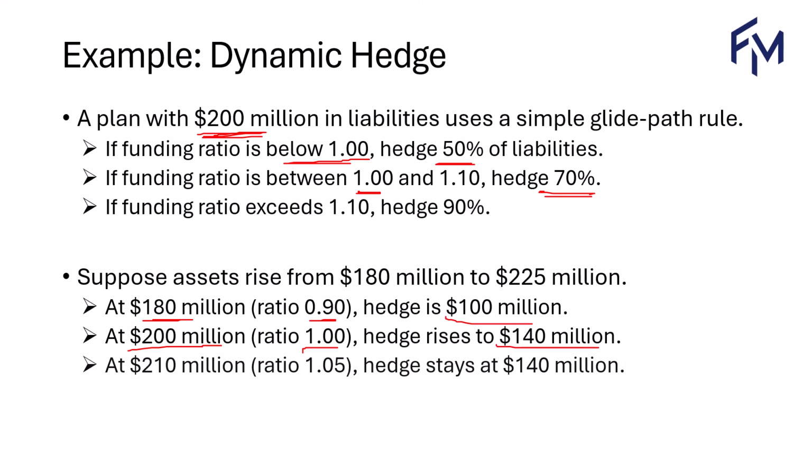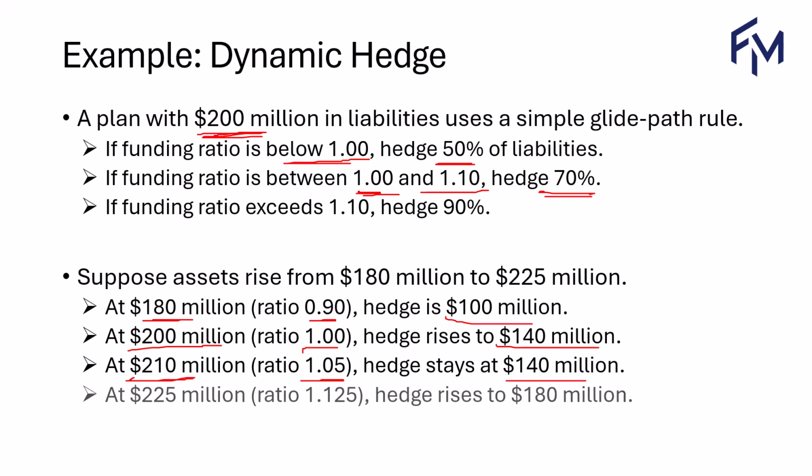So if the assets go up to 210 million, the funding ratio will be 1.05, which is 210 divided by 200. So 1.05 is still within the range. So we would still hedge 70% of the liabilities, which is 140 million. And if the assets go up to $225 million, the funding ratio will be 1.125, which is 225 divided by 200.